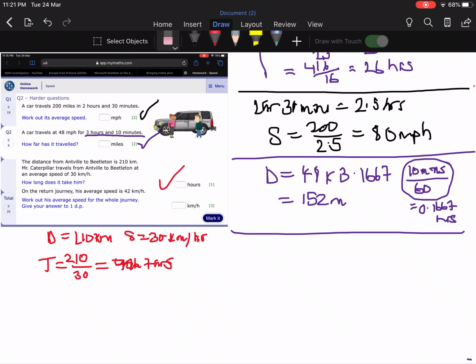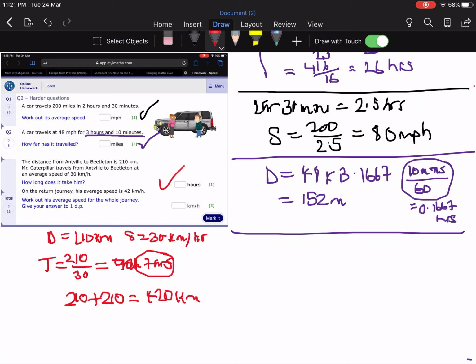So I need to find out his total distance then. So the distance from Antville to Beaverton one way is 210, so I've got 210 plus 210, which is 420 kilometres. And the time it takes him is 7 hours on the first journey.